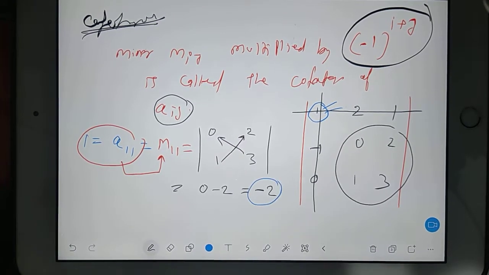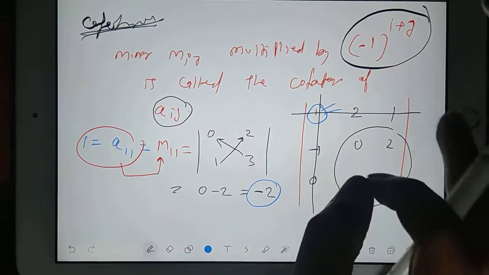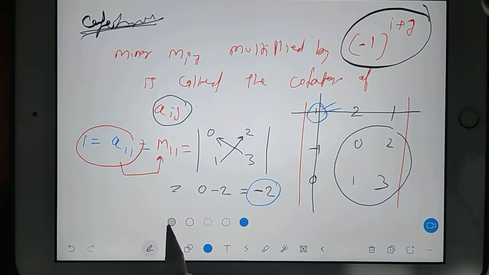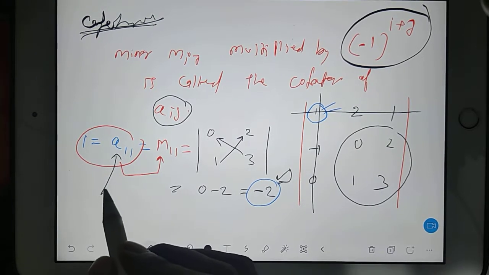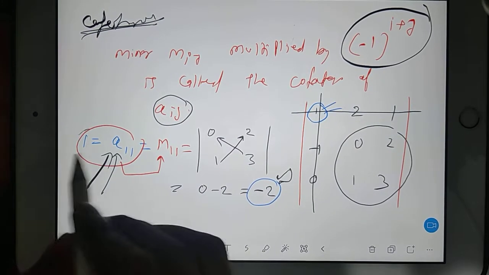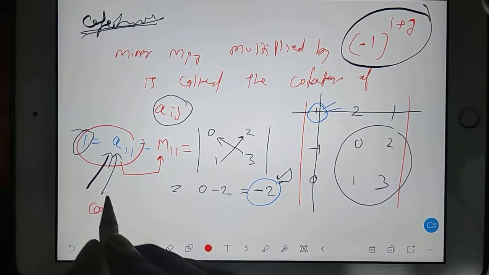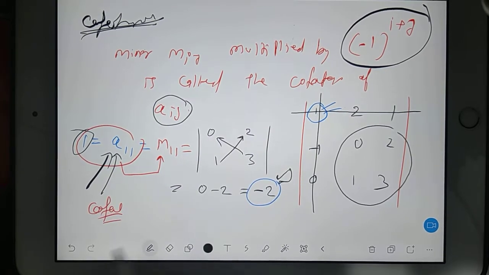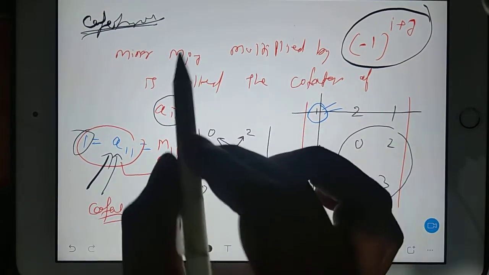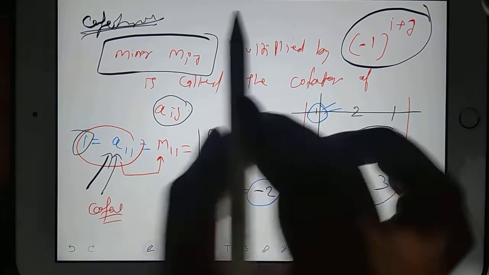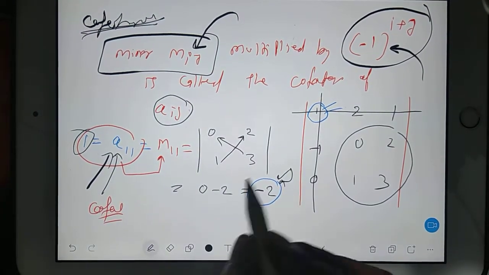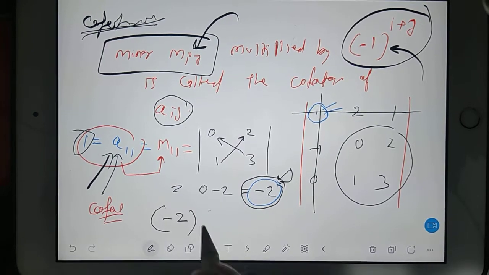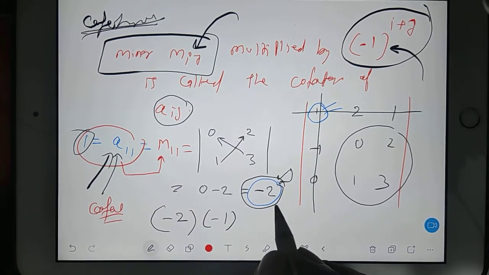But this answer is just the minor, it is not the cofactor. Now for the same element 1, the way you got the minor, you have to find the cofactor also. So now let's calculate the cofactor. For the cofactor, whatever minor you have got, in that minor, in this minus 2, you multiply by minus 1 power i plus j.